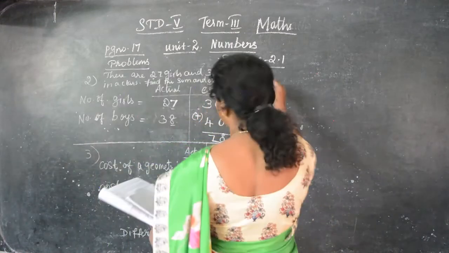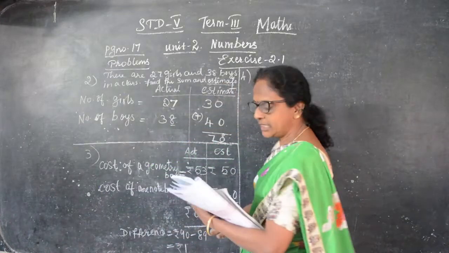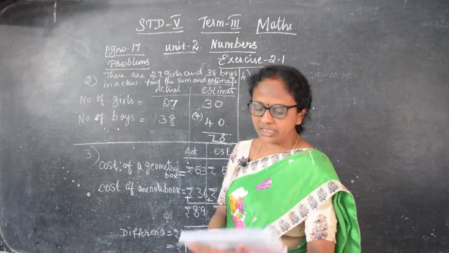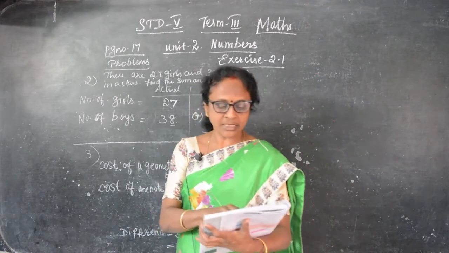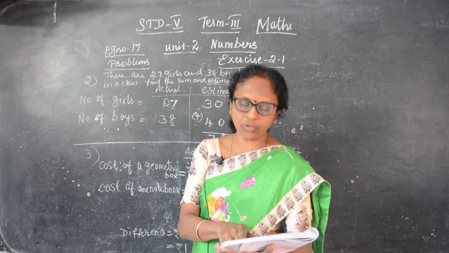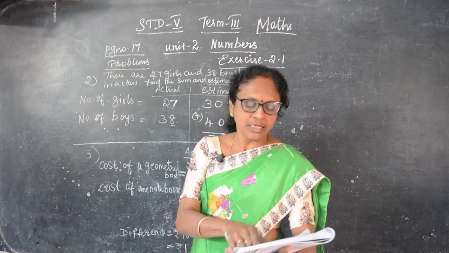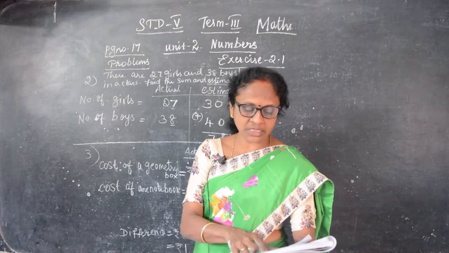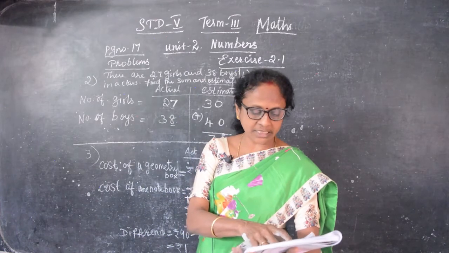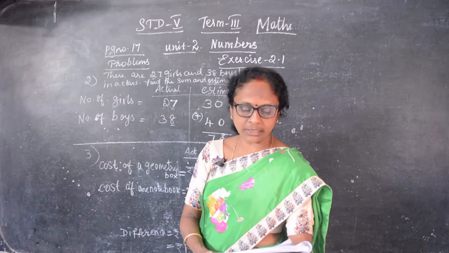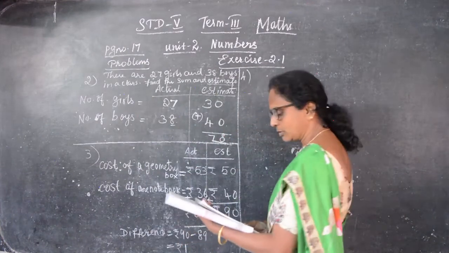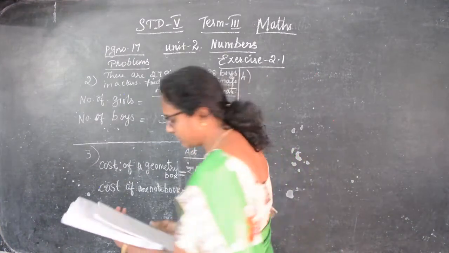Then the fourth sum: if Kavita has 93 pictures and she gave 42 pictures to her friend Leela, you have to subtract. Then estimate the pictures to the nearest tens place and find the difference, and also find the difference between the actual value and the estimated value. So how to write the statement now?